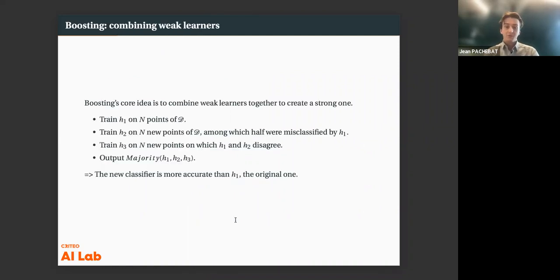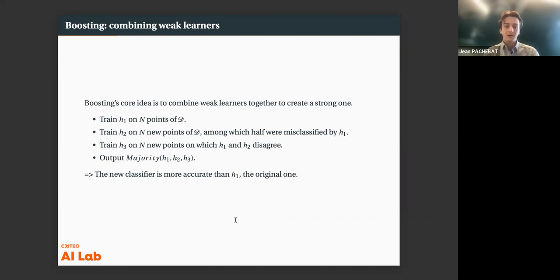A brief word on boosting. Boosting was introduced historically as a way to combine weak learners together in order to create a strong one. So the classical example, which was proposed in the 1990s, was to say, okay, we have 3 weak learners, and we want to create a stronger one by combining them in a smart way.